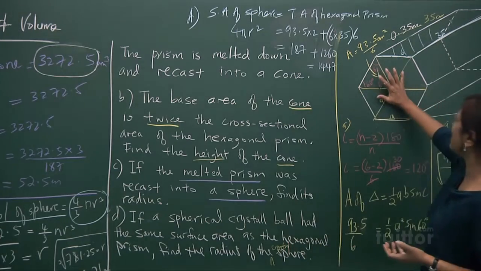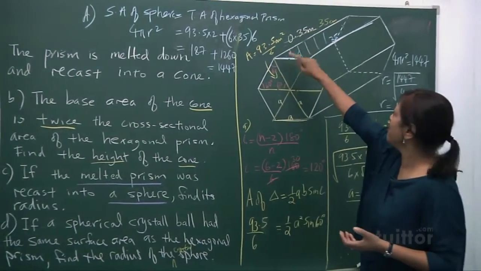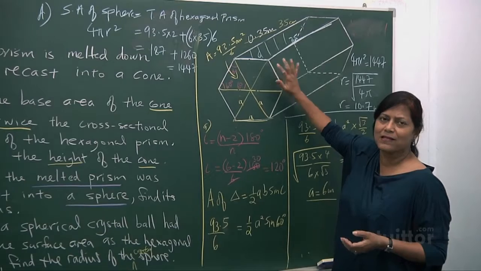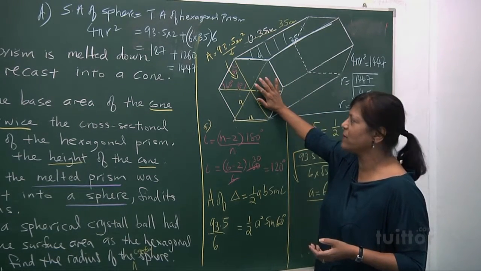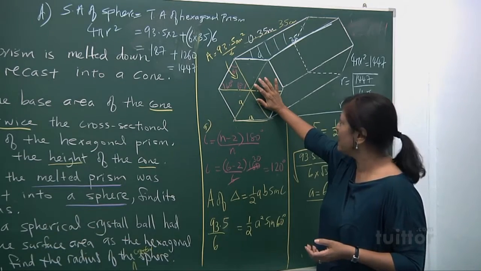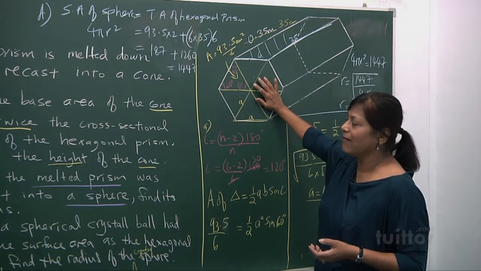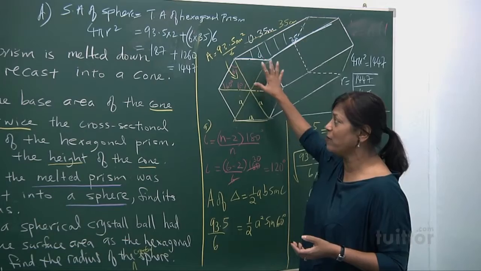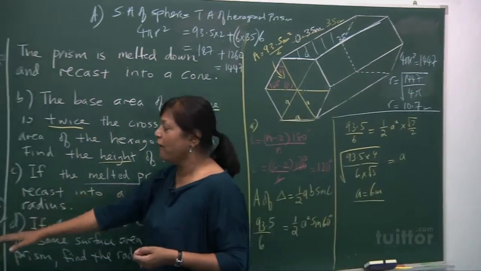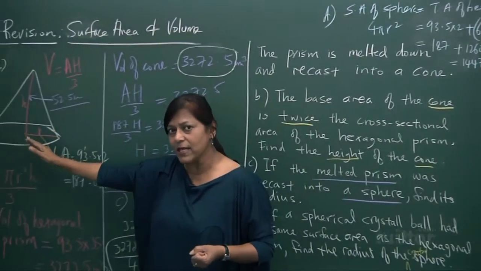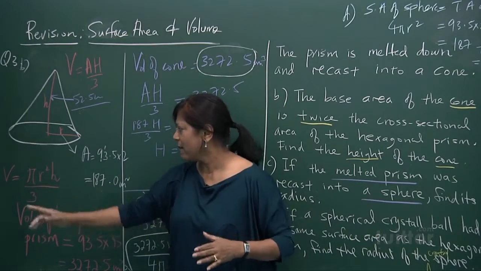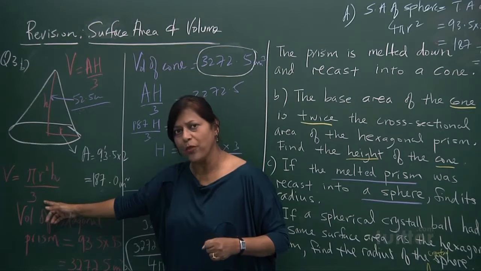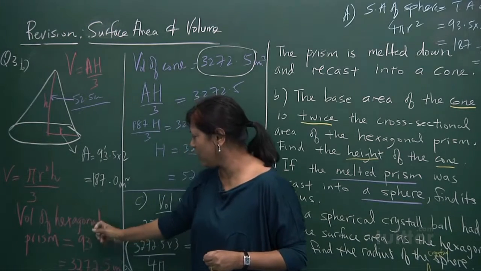So the area that's given, multiplied by the height, gives us the volume of this figure. Once we've got the volume of this figure, very easily we can move on. The volume of this equals the volume of this cone, and this is a pyramid. A pyramid is pointed at one end, pi r squared h over 3. So very easily you equate them.